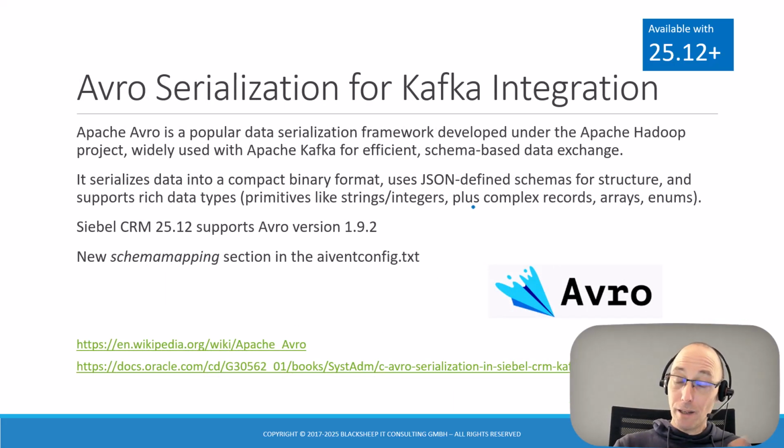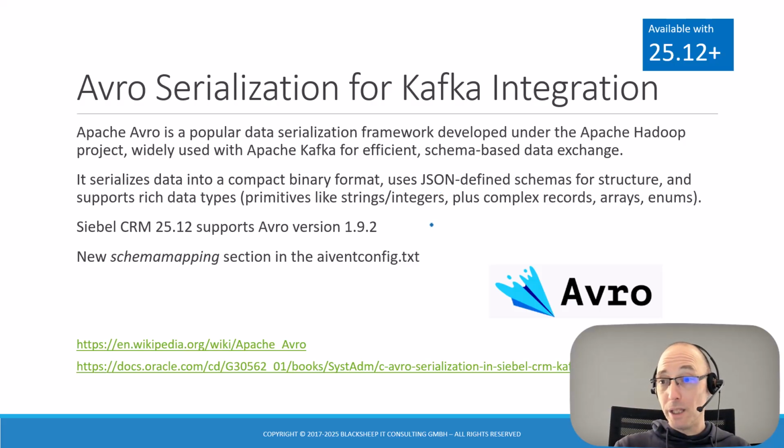Then if you're in the Kafka area, which is already a thing for a few years now, there's quite a big change, quite a big feature that was requested by a lot of customers: the Avro serialization, using the Apache Avro framework that is integrated with Apache Kafka, that uses JSON schemas to define a structure to map and enrich data structures as they go in and out of Kafka.